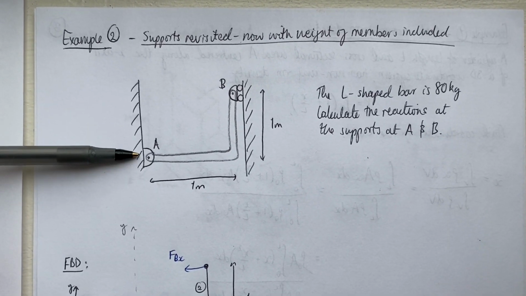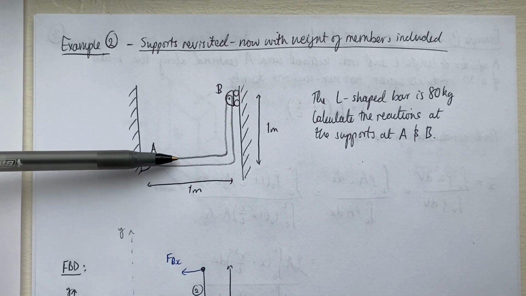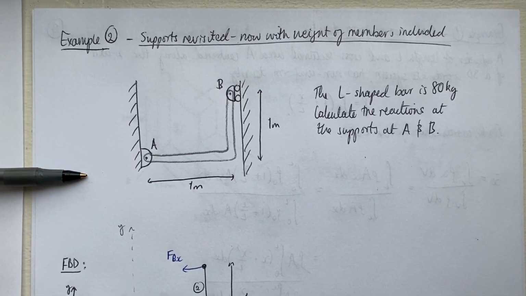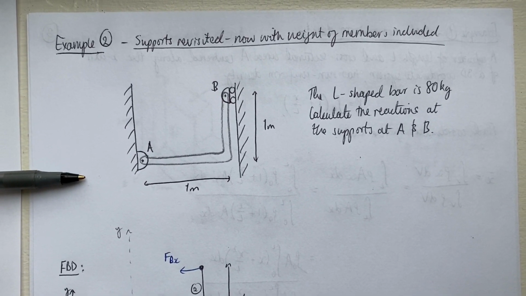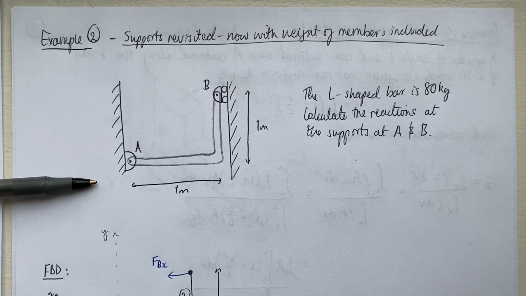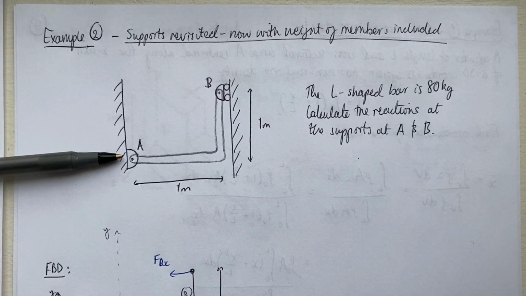You'll remember we've done that when we're looking at supports, and also when we went on to discuss trusses at length. We neglected the weight of the beams and the members. Now we're in a position where we can actually include that in our calculations.